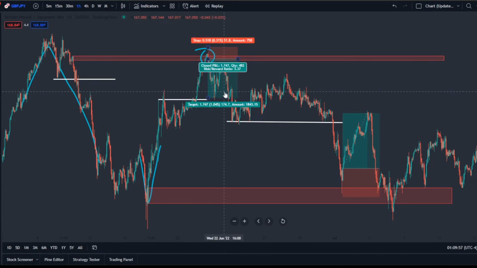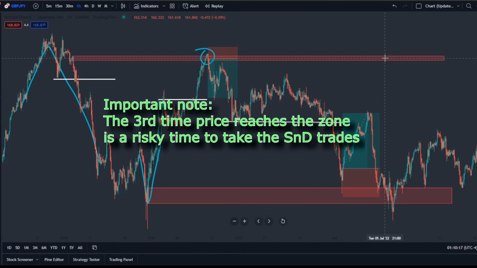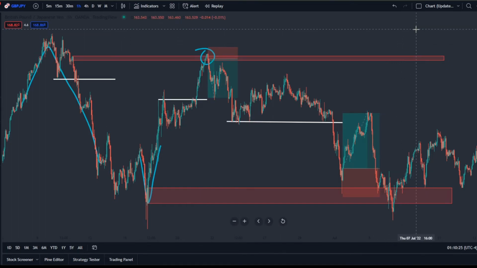I took this trade, it's in profit, and if the price reaches this supply area again, I would take the trade again. But if the price reaches the supply area for the third time, I would not be taking this trade, because there's a high likelihood that the price would break above the supply area, because the orders placed by institutions, the banks, the bigger players in the market would have been exhausted by the third time it reaches the area.